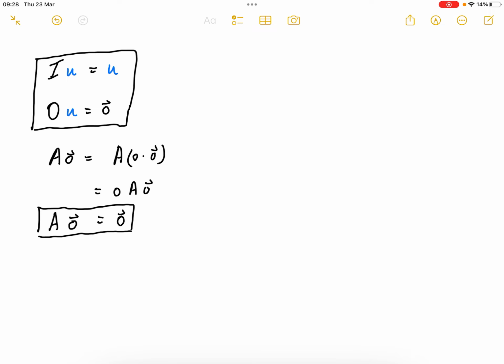You should also know one way we can write out matrices is in terms of its columns.